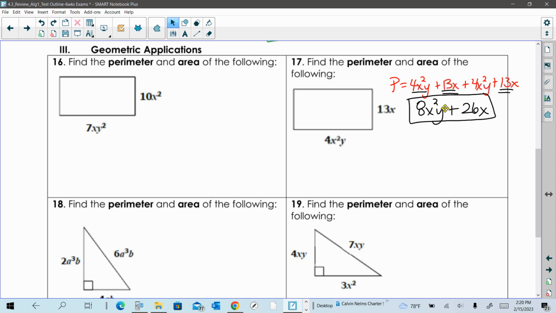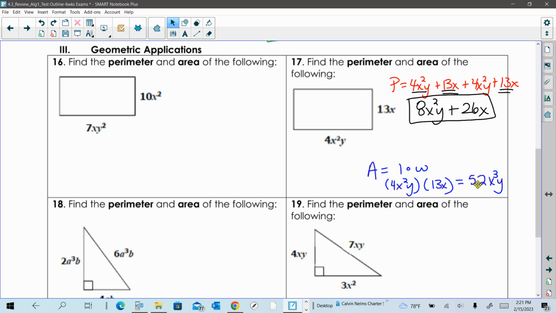So this got simplified to 8x squared y to the second plus 26. And then for your area, you have to know that area is your length times width. Our length is our 4x squared y. Width is 13x. So now we have to make sure we combine these coefficients. This got simplified to 52x to the third.